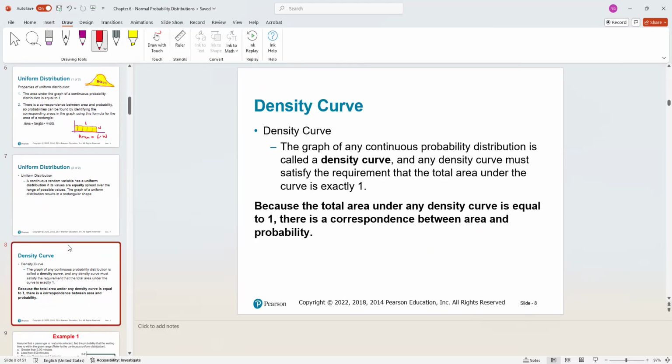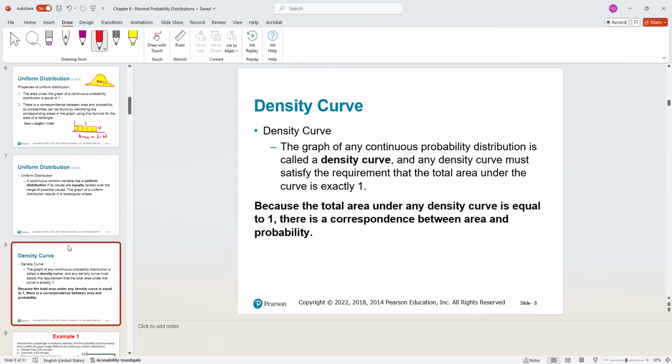In terms of the density curve, the graph of any continuous probability distribution is called a density curve, and any density curve must satisfy the requirement that the total area under the curve is exactly 1, or 100%.